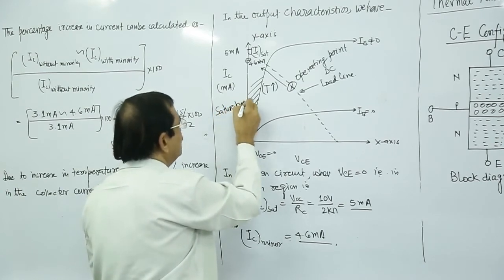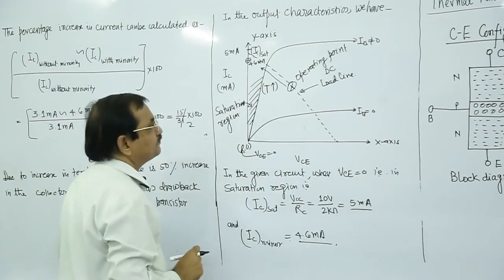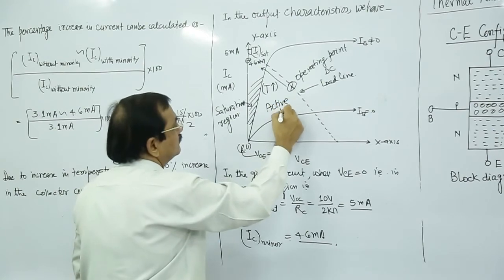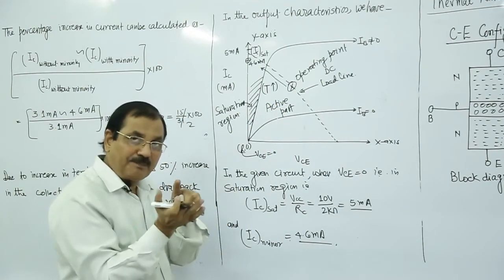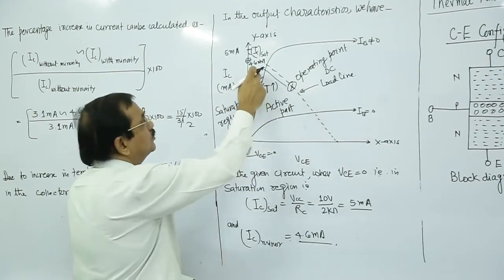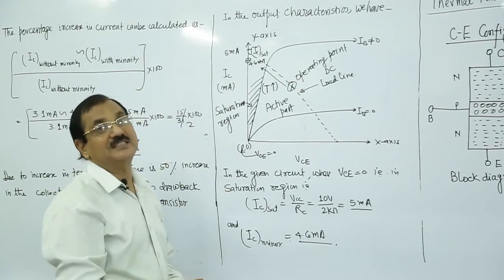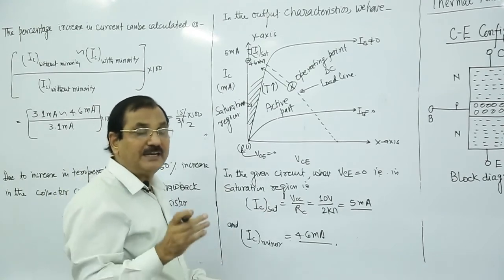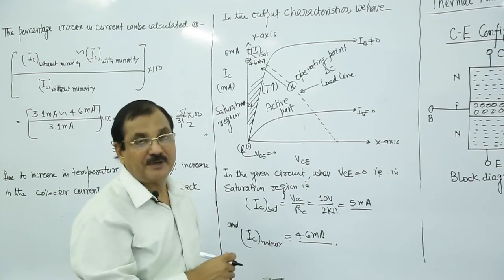So the operating point is shifting from active region to saturation region, which will completely change the nature of the transistor. And this one is a big drawback of the transistor due to the temperature.